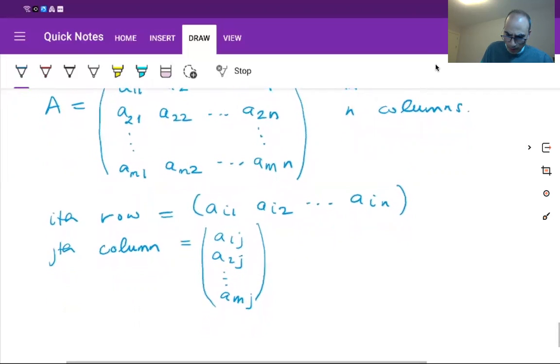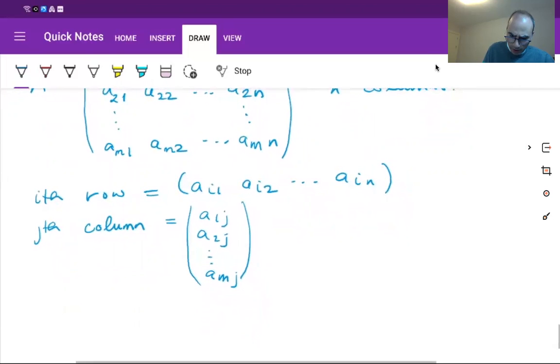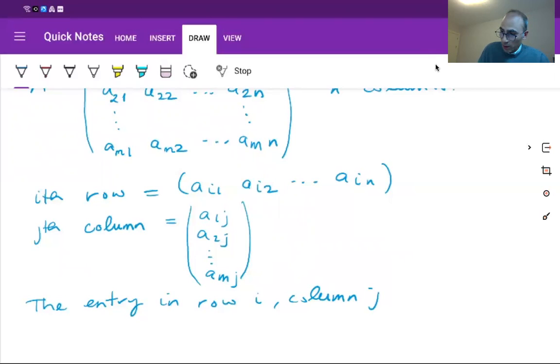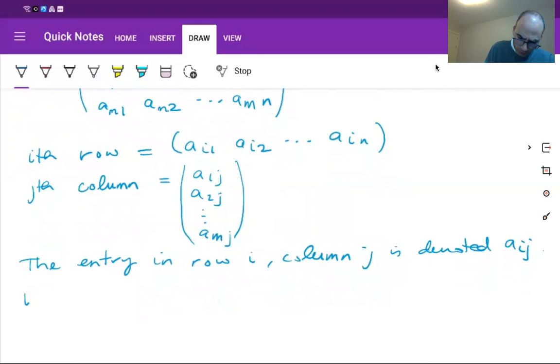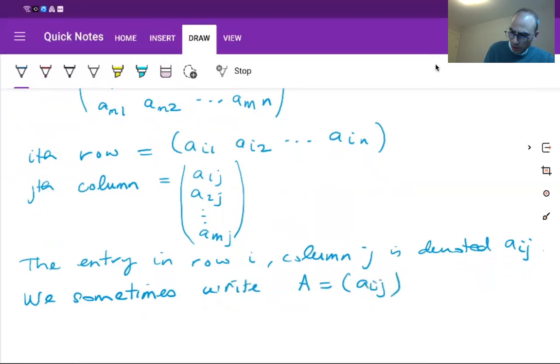And the entry in row I, column J is AIJ. So for brevity, we sometimes write A is equal to AIJ.